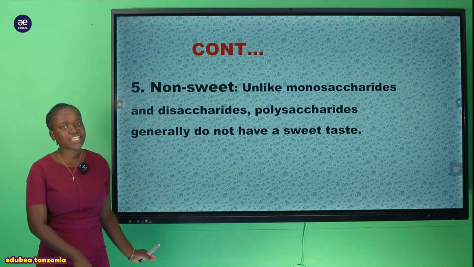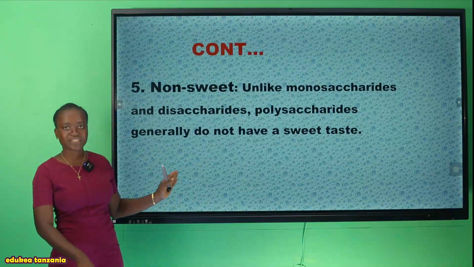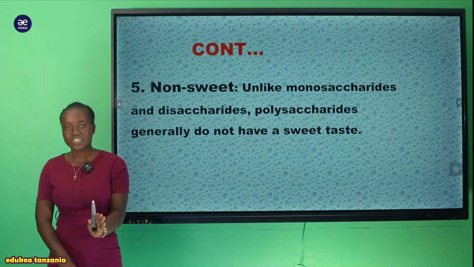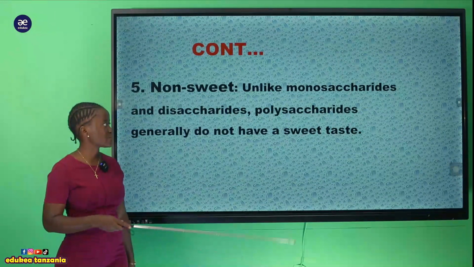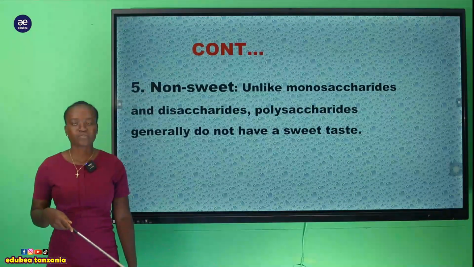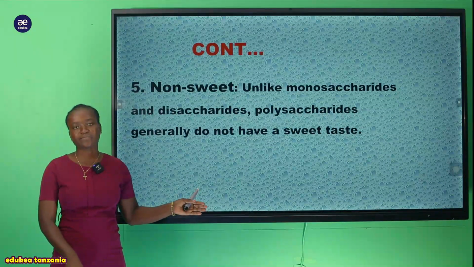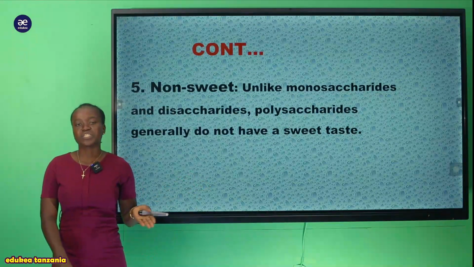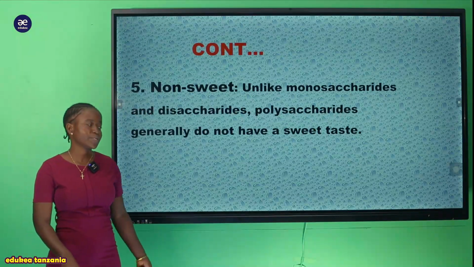But another difference between polysaccharides and the monosaccharides and other carbohydrates is the absence of sweetness in their structure. So all these polysaccharides are not sweet, but the other saccharides, for example the mono and the di, are all sweet in taste. So that is the property of polysaccharides.